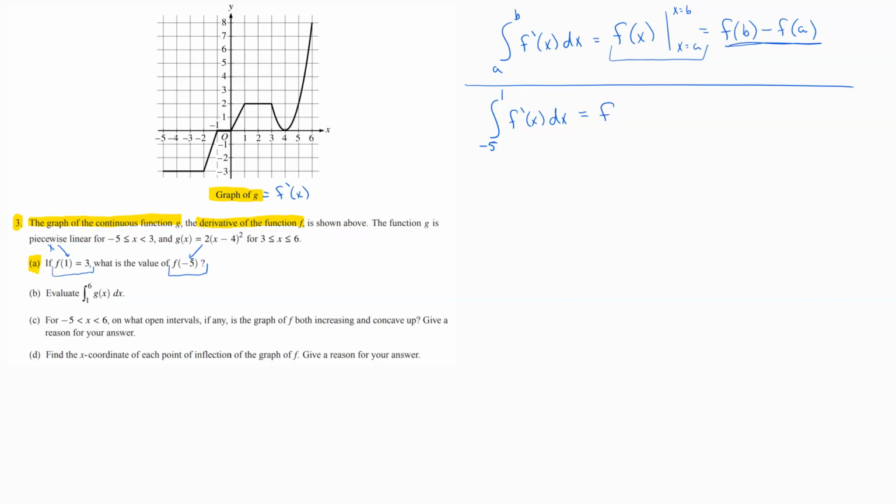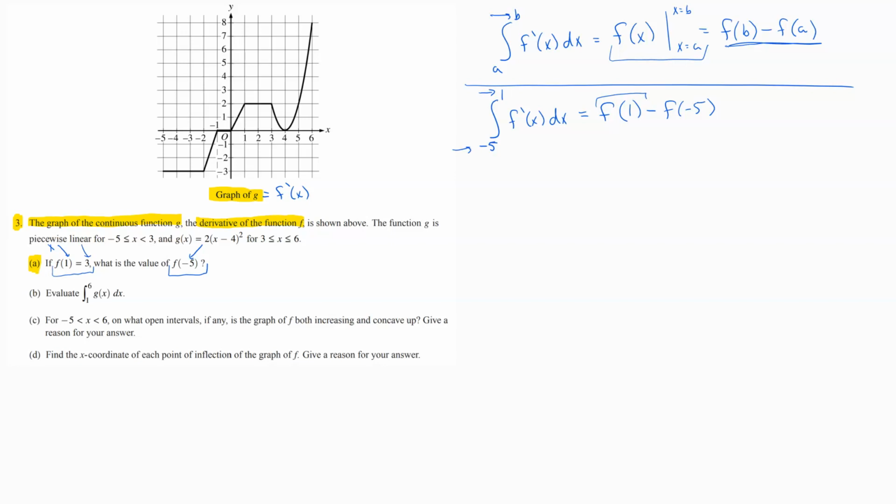This would be f of b, which in this situation, the value on top, is 1, minus f of a, our a value, negative 5. We know what the value of f of 1 is. They gave that to us in the language of the problem over here. We know that value is 3, so we can plug that in whenever we need to.